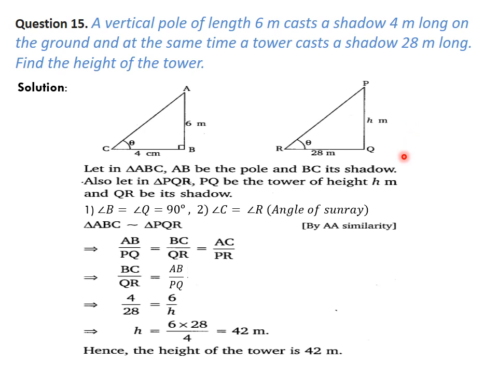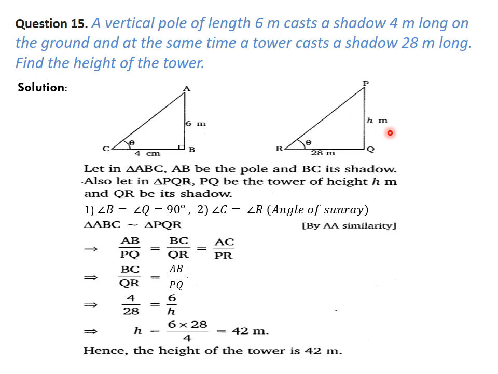Again, we have a tower which is at the same time casting a shadow of 28 meters, and the length of the tower is not given. We have to find the length of the tower. So, when the sun rises during the same time of the day, the angle of the sun ray is the same.